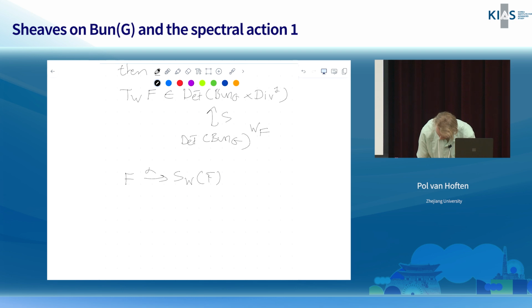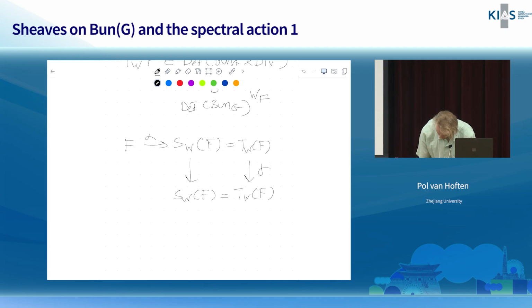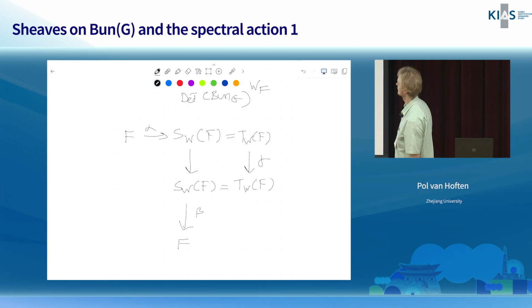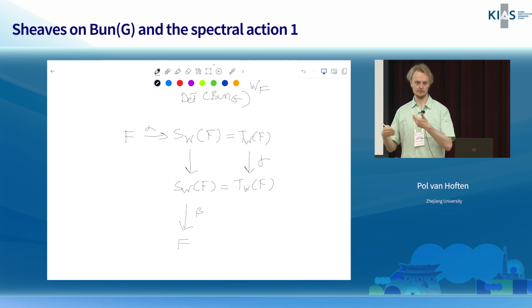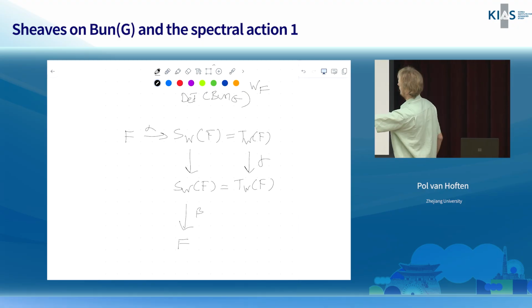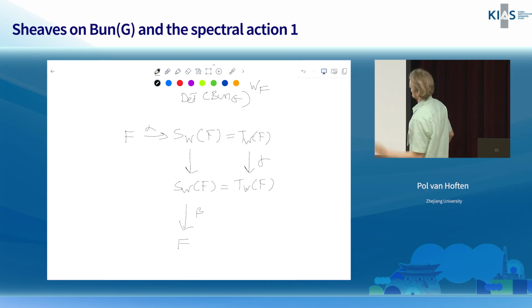Then S_W F is just T_W F, and there's an action of this gamma, and then I can apply beta, and I get back to F. I'm just saying that the spectral action is functorial in morphisms of representations, and the identity functor just sends F to F. So I get alpha from F to S_W F, which is T_W F but now remembers the Galois action.